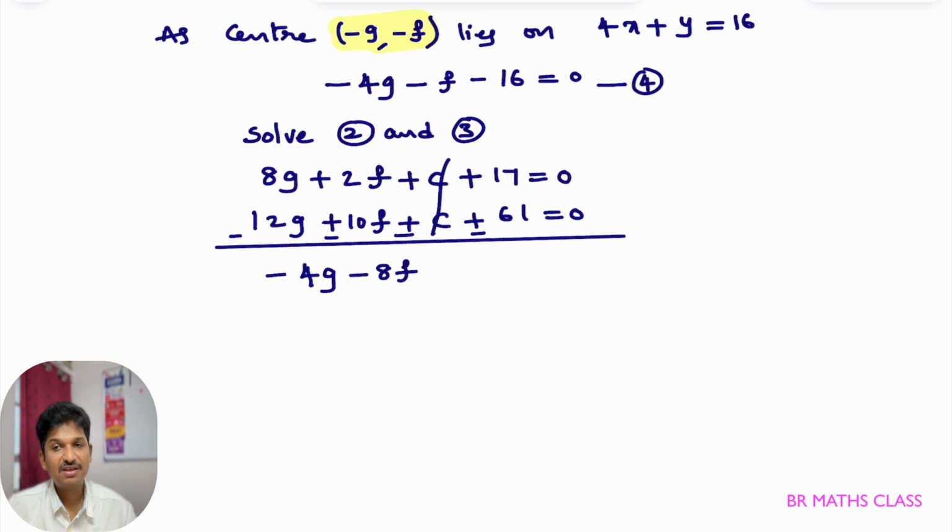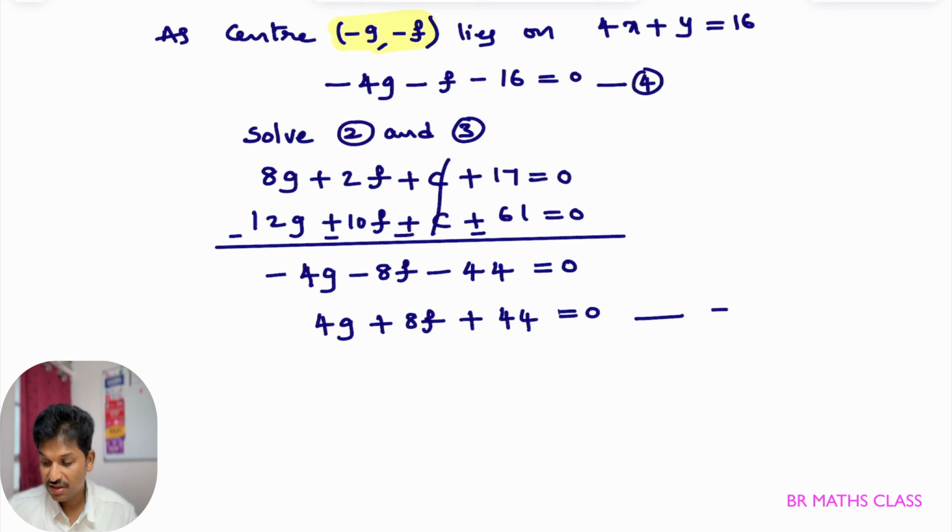Plus 17 minus 61 is minus 44 equal to 0. Now you take that minus to the right hand side part. I can take 4 also common, but purposefully I am not taking 4 common. You name this as equation number 5.